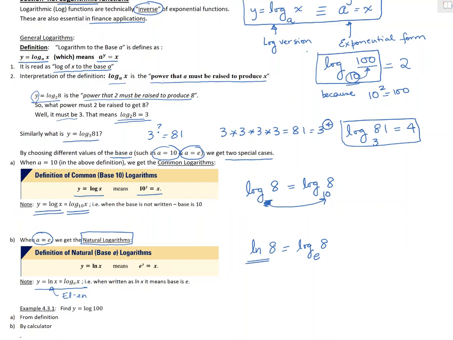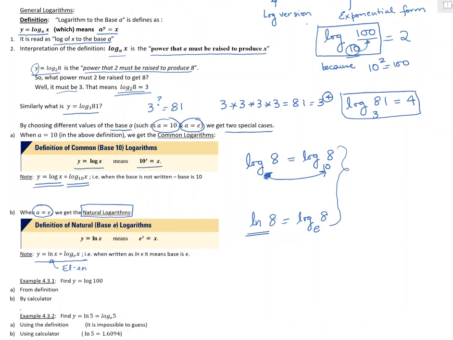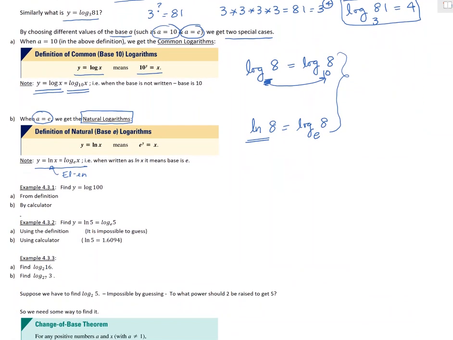Okay, so we have seen the definition of logs, and we have seen these two special cases. Now let's try and do some examples so that we get comfortable with it. So the first one is we have to find y, which is log of 100. So we know that log of 100 to base 10, when you don't see anything, that means the base is 10.